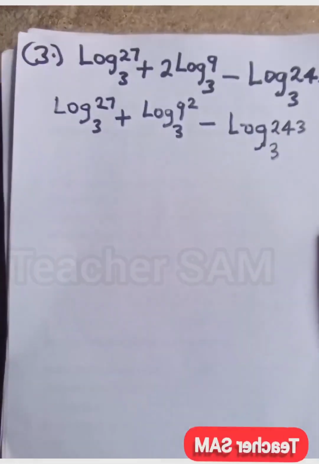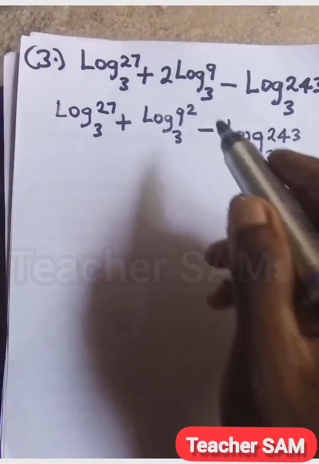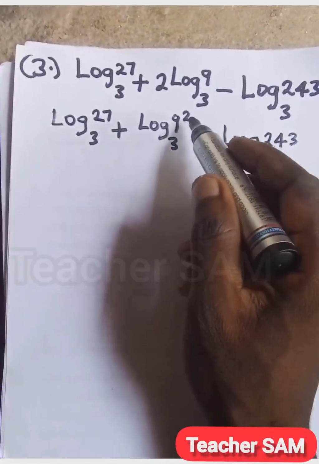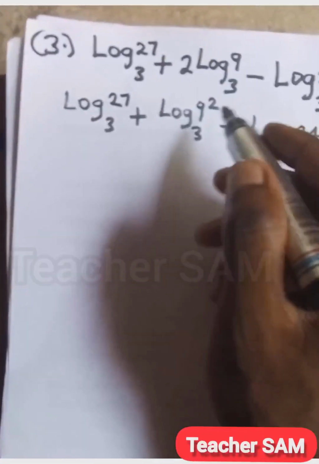Then we have that. Now don't forget that 9 squared is 81, so we are going to just use that.